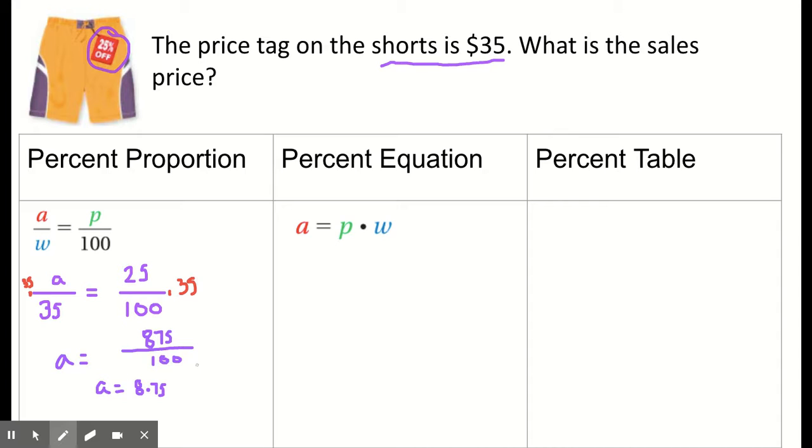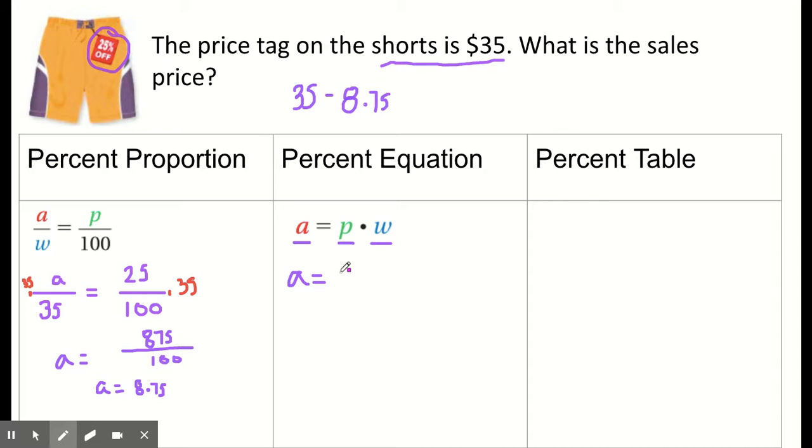So you can find that much money off by subtracting 35 minus $8.75. All right, we'll get to that answer in just a little bit. I'm going to look at the other parts over here. All right, so we have A, which is, we're going to use the percent equation. A is the part, B is the percent, W is the whole. So the A, remember, is what we're trying to find.